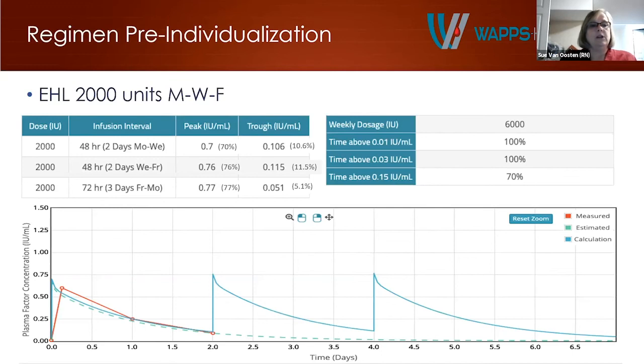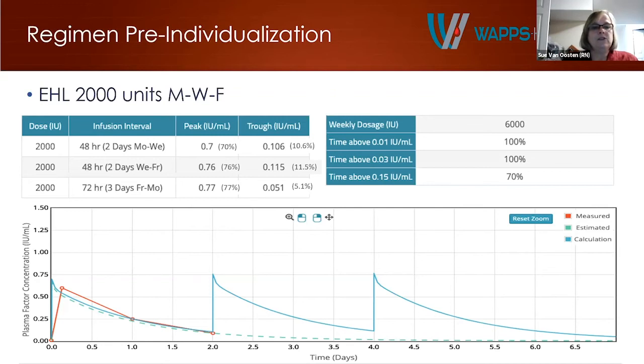So he's on extended half-life of 2,000 units on Monday, Wednesday, and Friday. So we look at first his 2,000 units from Monday to Wednesday, and we see that with his 2,000 units, he gets a peak level of 0.7, which I had them put in brackets as 70%, because that makes it more familiar to those of you who are giving infusions.